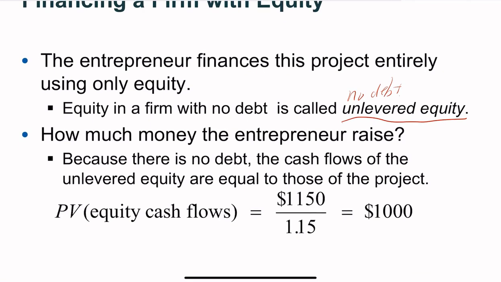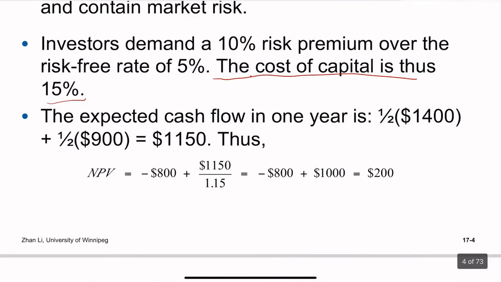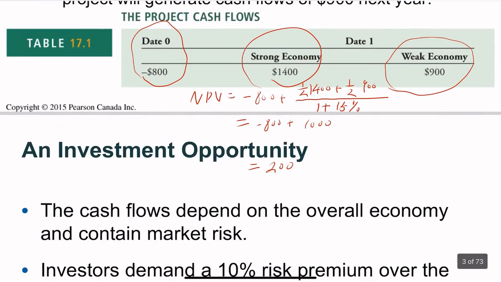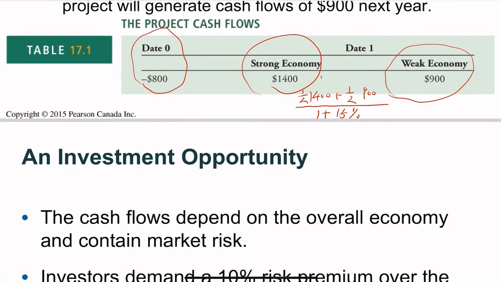Now the question is how much money the entrepreneur can raise by only using equity. Well, this is actually pretty simple. If you look at this table here, if investors give this entrepreneur money, they will just have these cash flows, 1,400 and 900.